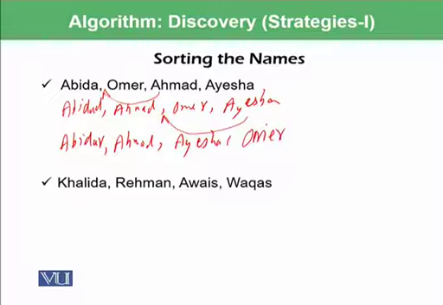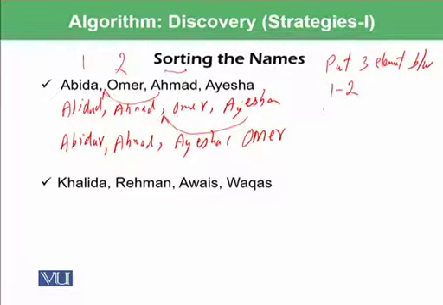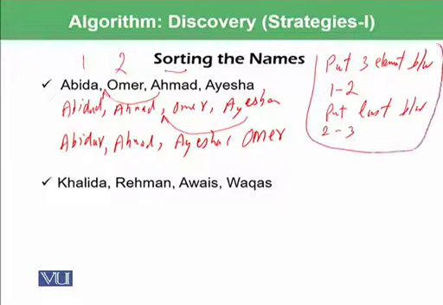So first you put the third element between the first and second, and then you put the last, or fourth, element between the second and third. This was the algorithm that sorted this list.